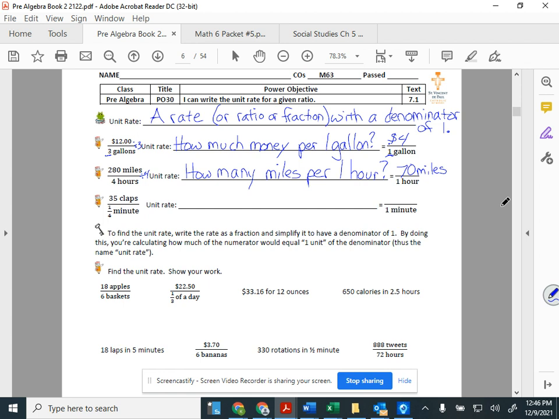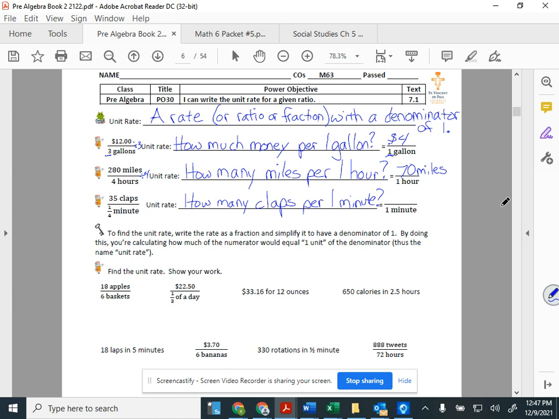All right, the next one, 35 claps every quarter of a minute. So we want to know how many claps per 1 minute. So we have to ask ourselves, if we're at a quarter of a minute, what do we have to do to get to 1 minute, Colin?